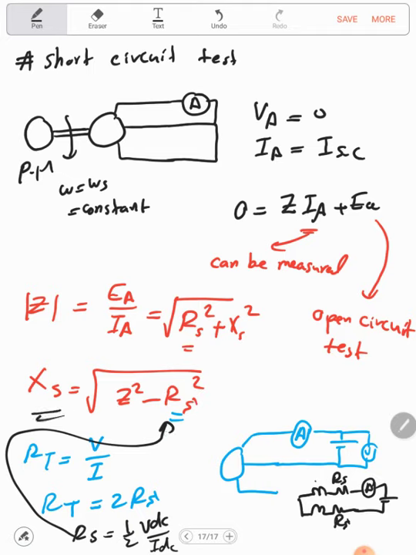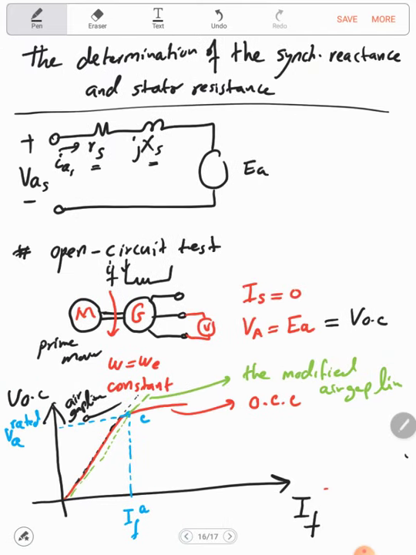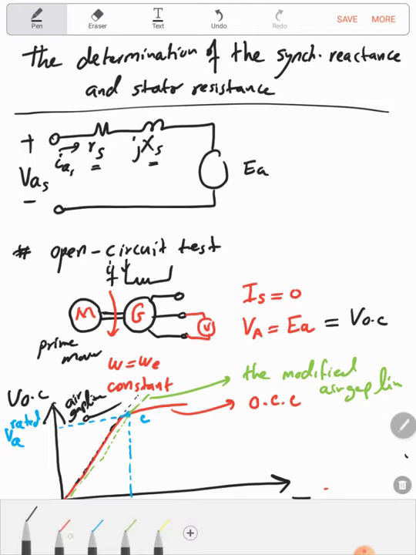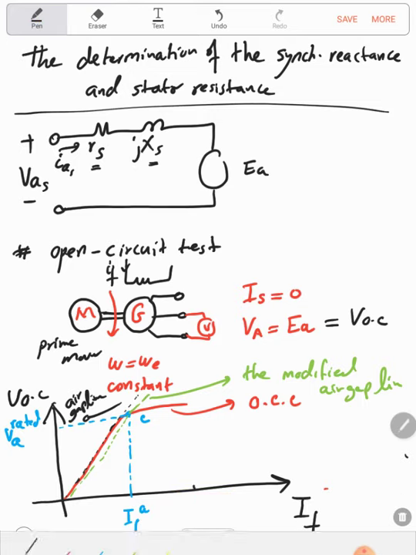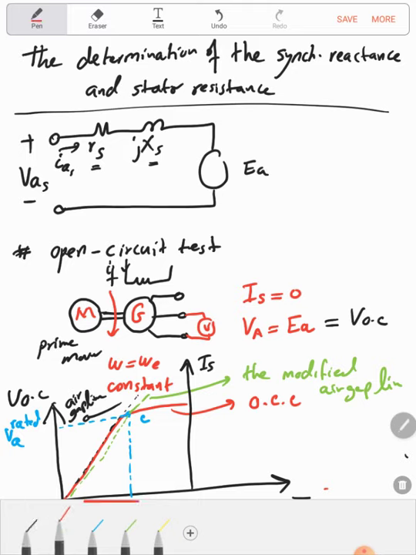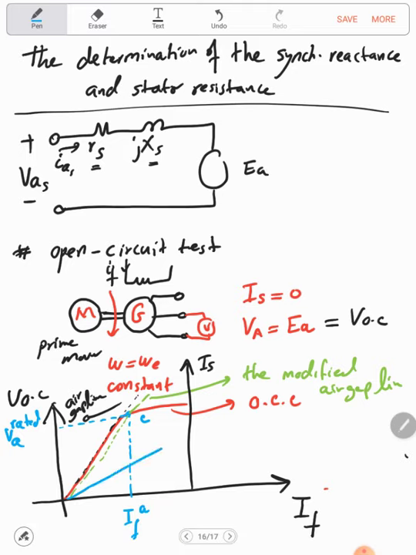If we substitute here, we can find XS. So the short circuit characteristic, we can plot it here. Let's assume this is the axis representing IS. So this will be the short circuit characteristic.